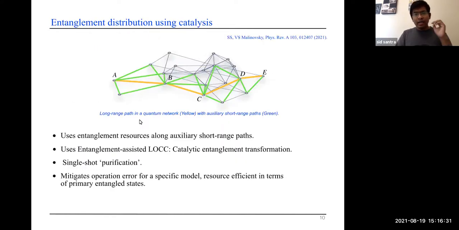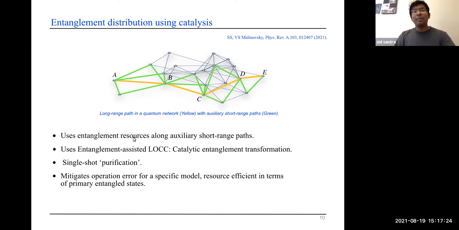So using catalysis, there is a way in which, in addition to the entanglement resources along the primary path, which I would call the yellow highlighted path here, we can use the entanglement resources generated on the auxiliary paths of the network in order to enhance the entanglement distribution rate between A and E. And so what this approach does is that it will utilize the entangled states that are provided by the auxiliary paths to increase the efficiency of single shot entanglement transformations along the primary entanglement distribution path.